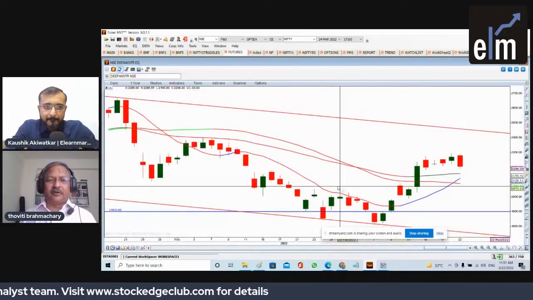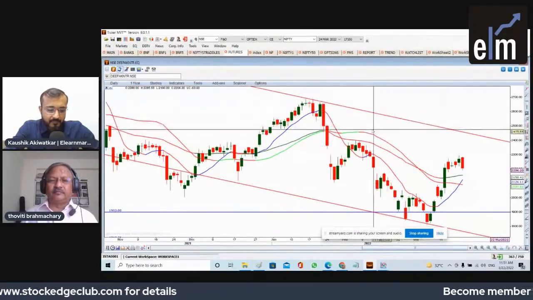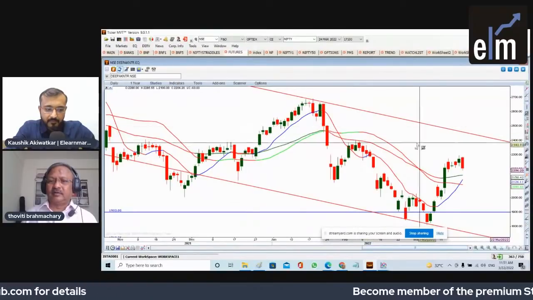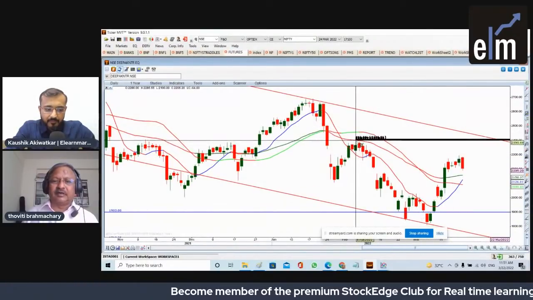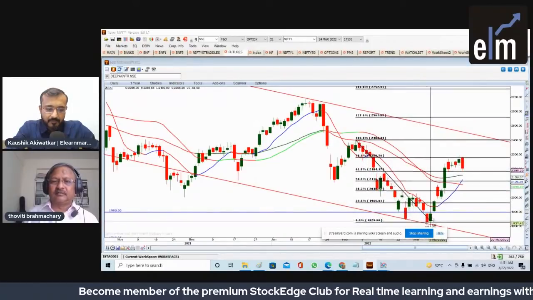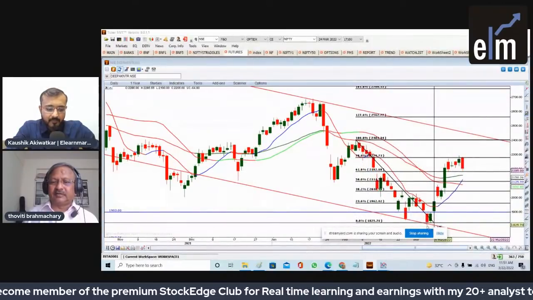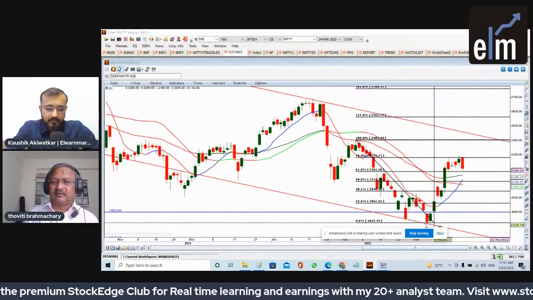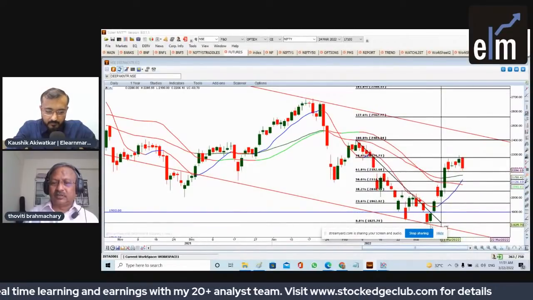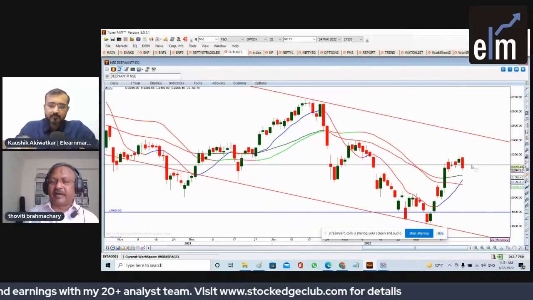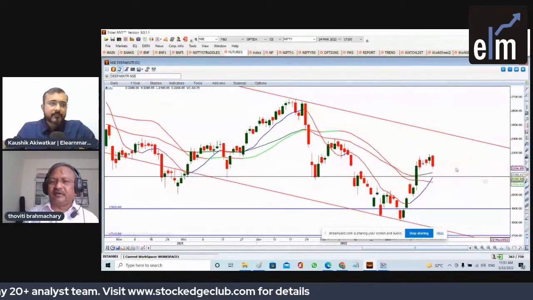Now after the move of the prior trend, this movement will not be more than 61.8 percent. So it faced the resistance here. Now coming back, this is a bearish engulfing.